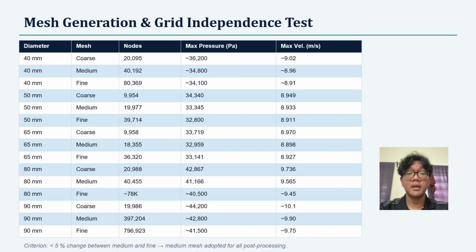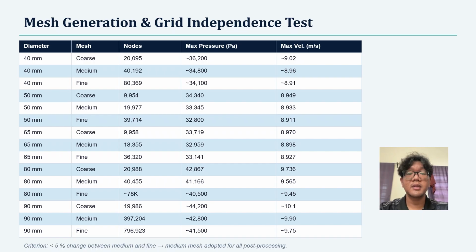As you can see in the data table, as we refine the mesh from coarse to fine by increasing the number of nodes, both maximum pressure and maximum velocity begin to converge. For example, looking at the 50 mm, the pressure drops slightly from 34,340 Pascal to 32,800 Pascal.